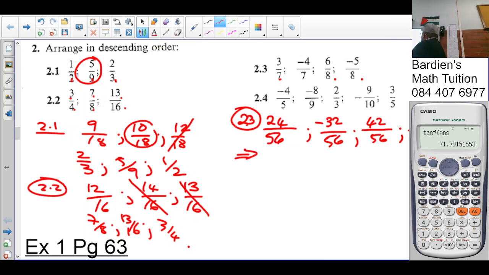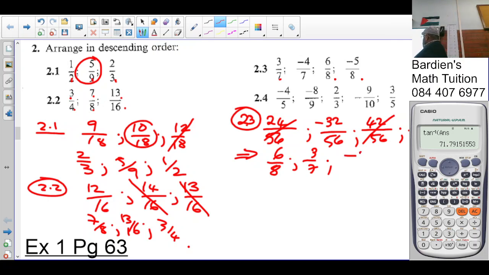So what is the biggest number here? It's 42 over 56, which corresponds to 6 over 8. Always write it in the form given to you. The next number? 24 over 56, which is 3 over 7. The next one? Which one is larger? Negative 32 or negative 35?